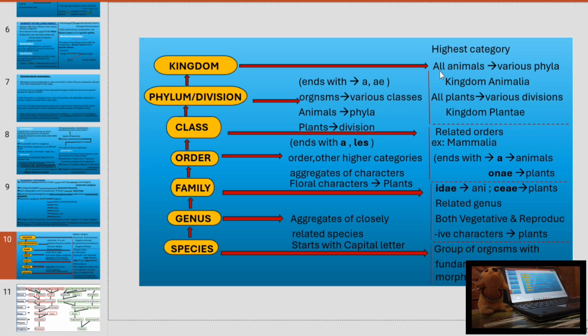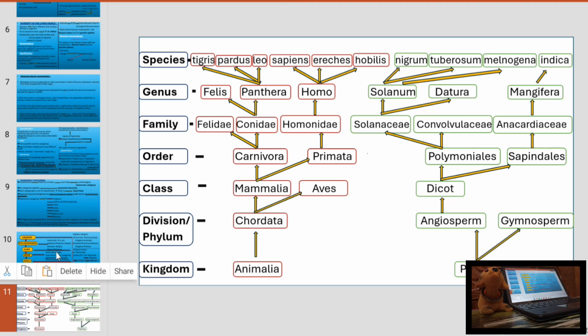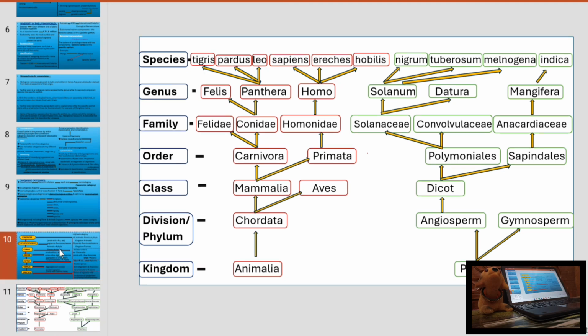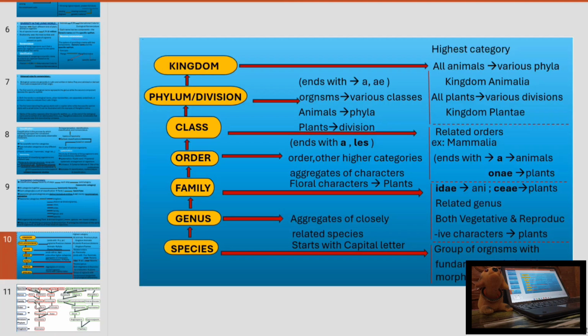All organisms from various phyla come under kingdom Animalia, whereas those from various divisions come under kingdom Plantae. That means kingdom Plantae consists of various divisions, and kingdom Animalia consists of various phyla. And I think you are clear. And I'll provide notes for you, so don't worry.